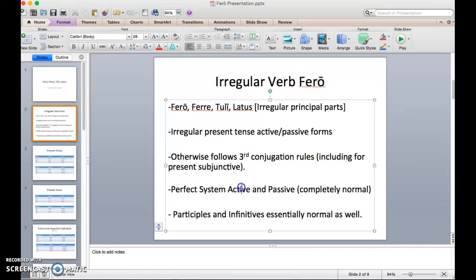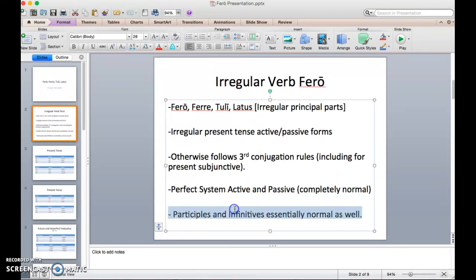And then moving forward, just like before, the perfect system, and by the perfect system I mean the perfect, pluperfect, and future perfect tenses, both active and passive, are going to be completely normal for fero. We're going to use tuli for the perfect active stem, pluperfect active, and future perfect, and we're going to use latus to form all our passive forms for these tenses.